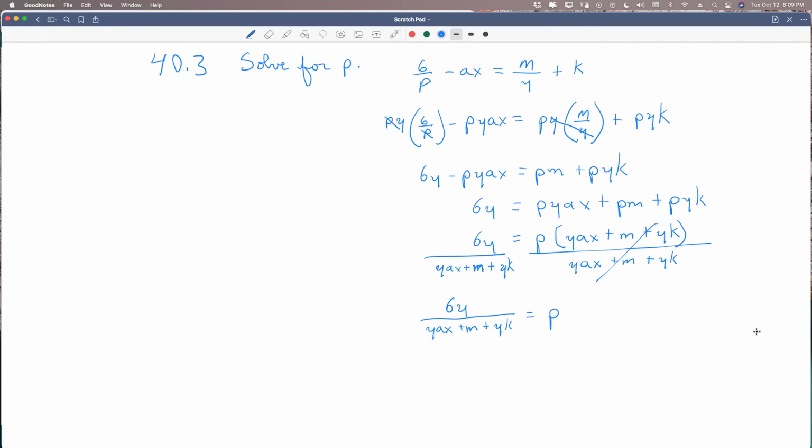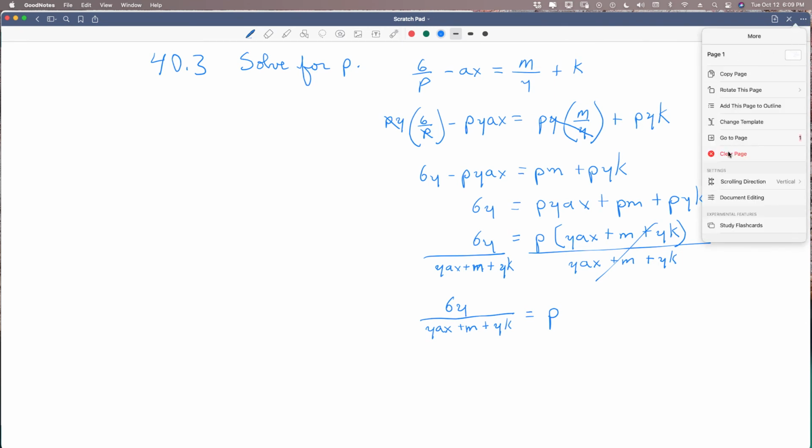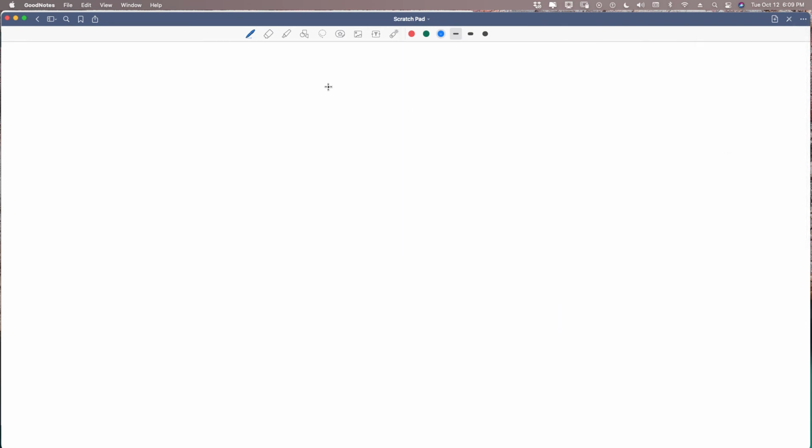All right, those are kind of fun. So I'm going to give you one now. This is from our problem set. Let me clear this page. See if you can work this one on your own. So we have c over x plus m over b equals c.